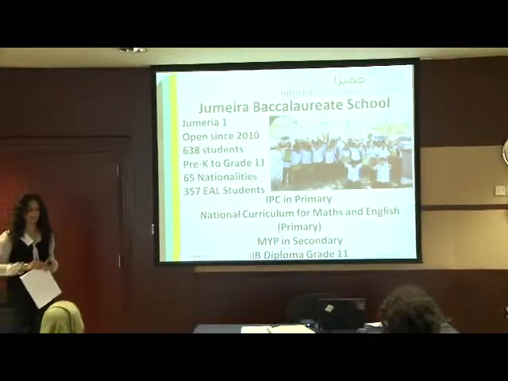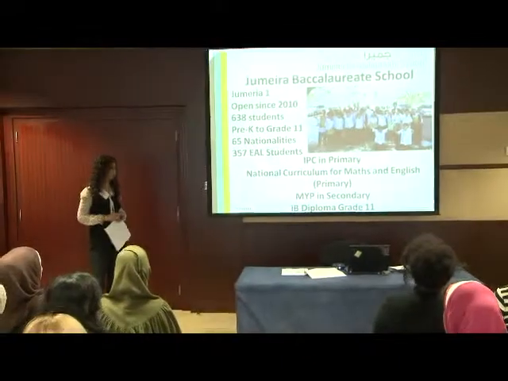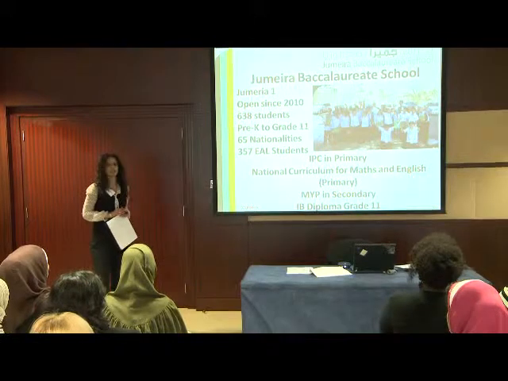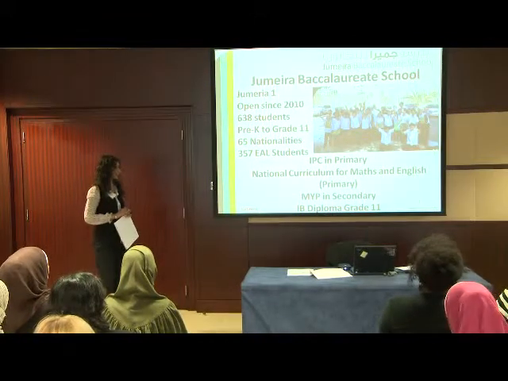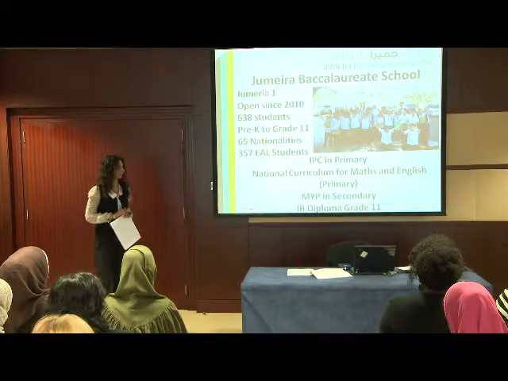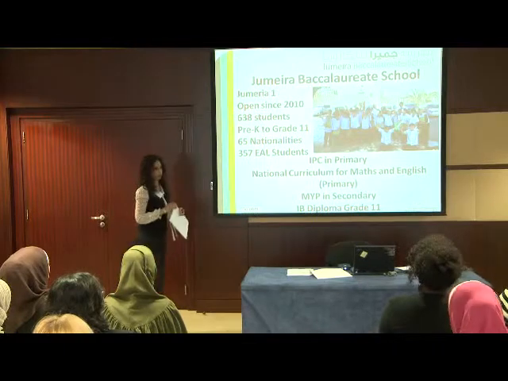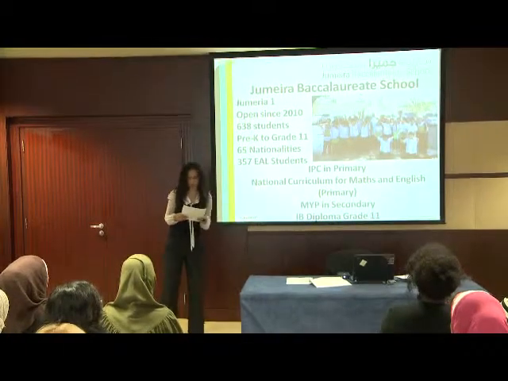We run 3 different curriculums, so we're a bit of a unique school. We've got IPC in primary, but national curriculum for maths and English, and in secondary, we use MYP, but for grade 11 we use IB diploma. So it's a very mixed bag.